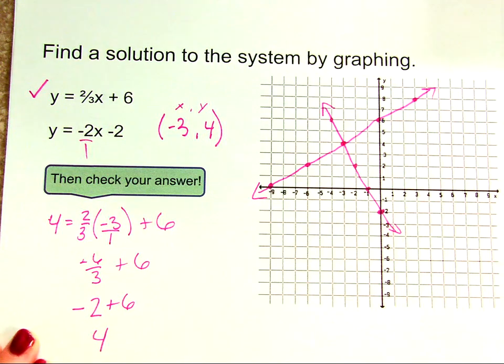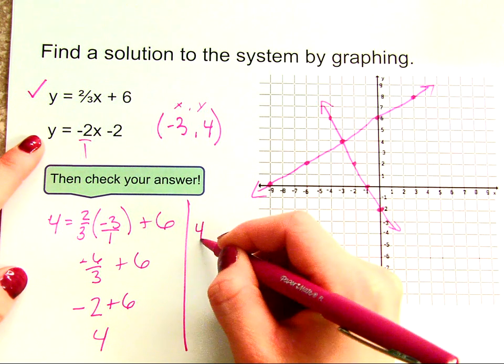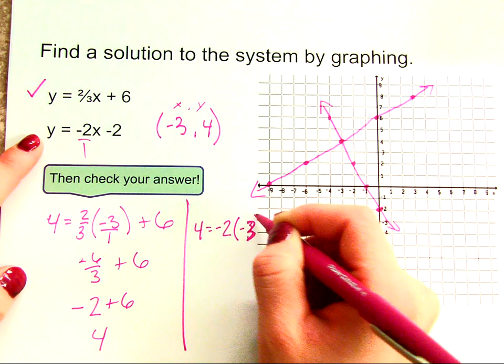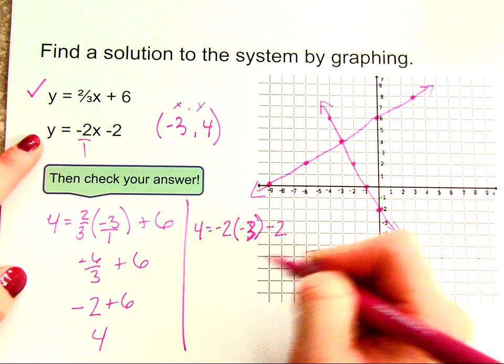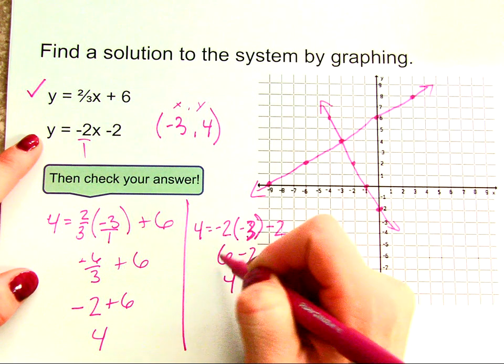So my first equation works. Second equation, y is equal to -2 times x, subtract 2. So negative times negative is a positive. Subtract 2 gives me 4 also.